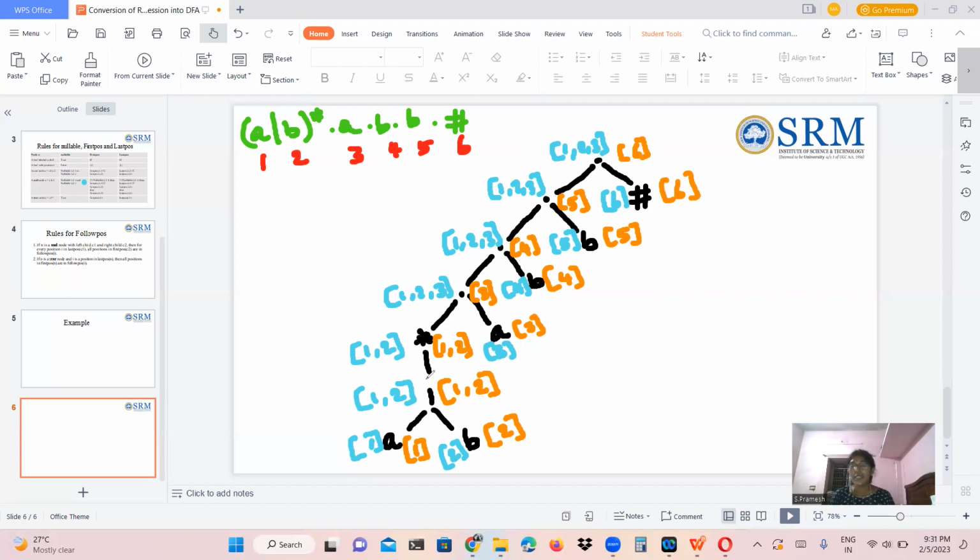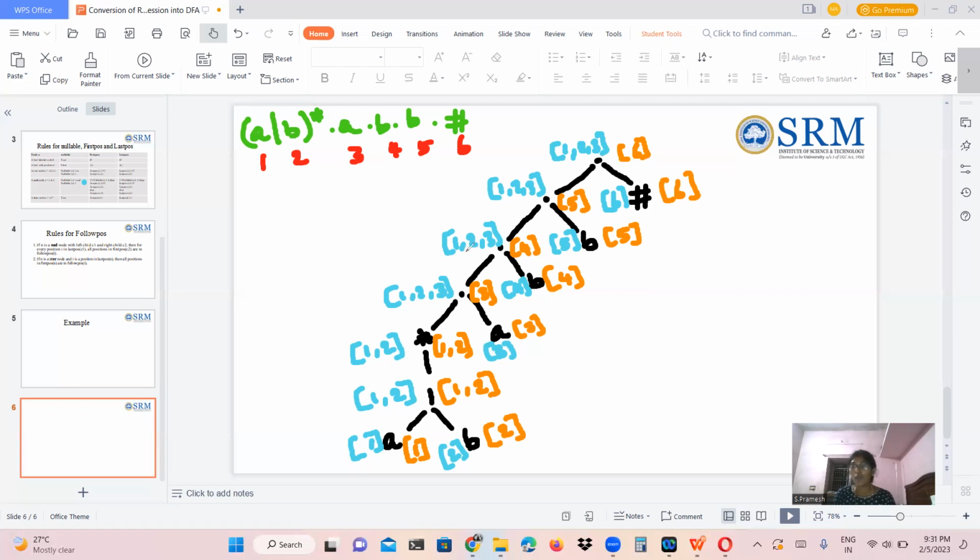Okay, it's very simple. For concatenation alone, you have to check whether the left child has a null value. If so, you combine the first position of the left child and the first position of the right child. If there is no nullable in the left child, I consider only the first position of the left child.